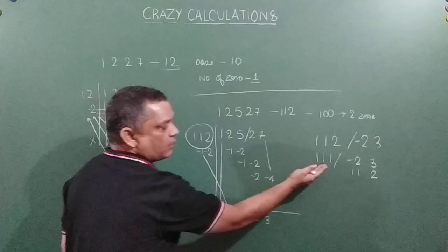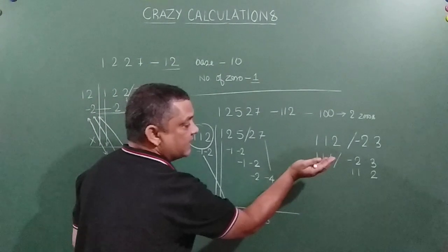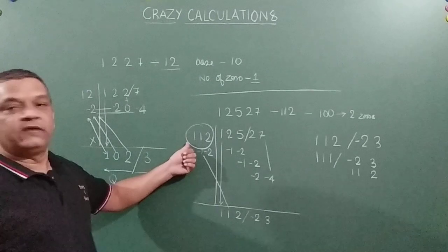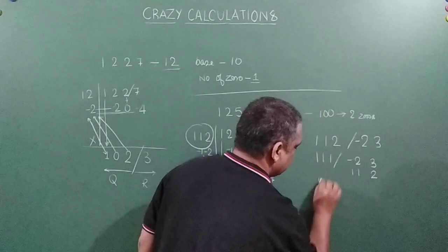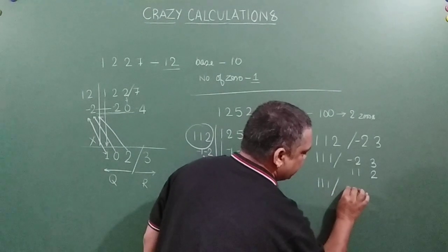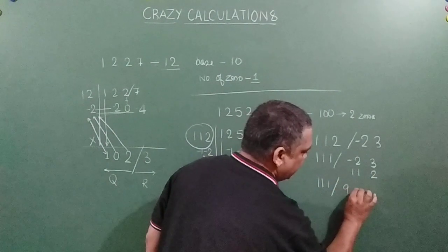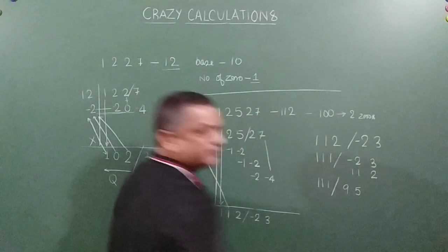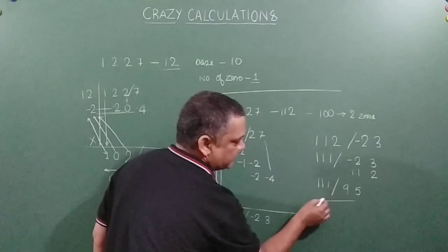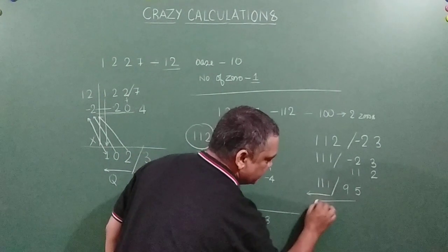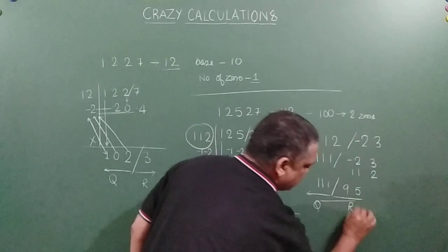I have taken 1 out from here, and that 1 is equal to your divisor. Correct? So what happens now? It becomes triple 1 and it becomes 9 and it becomes 5. You are getting my point? And this is my solution. Now this is the quotient, this is the remainder.